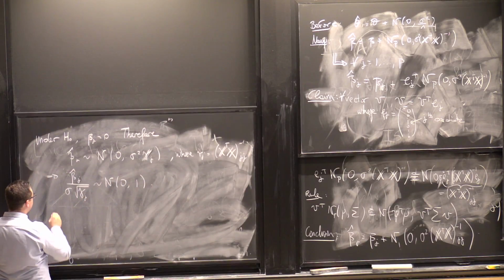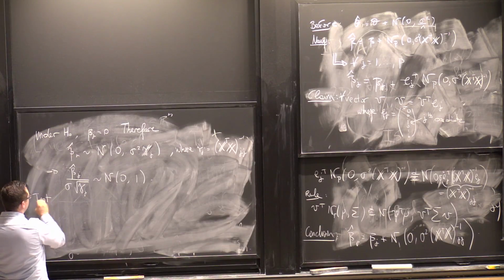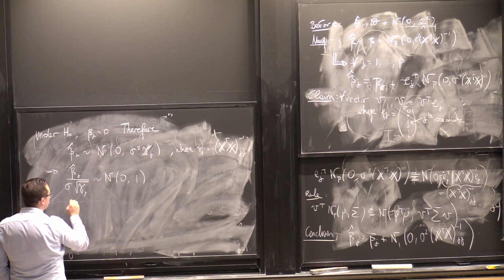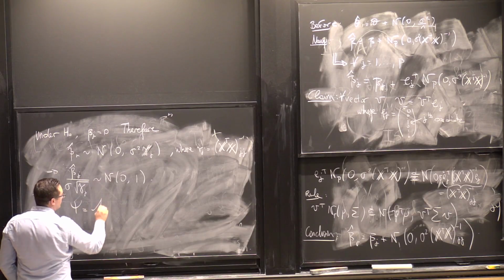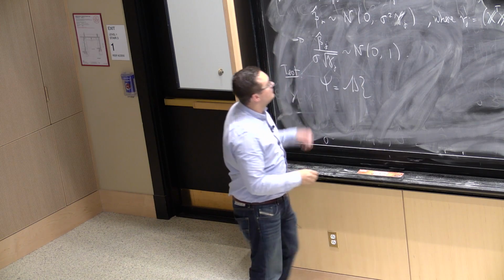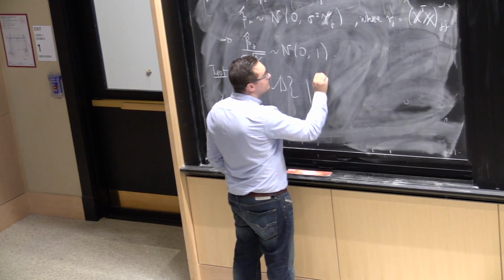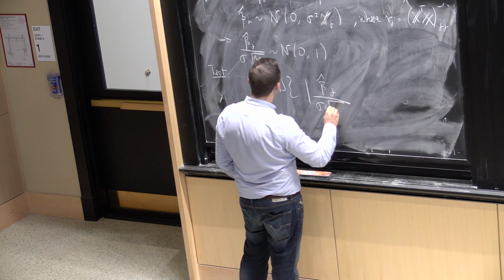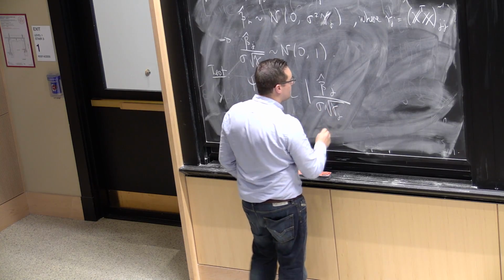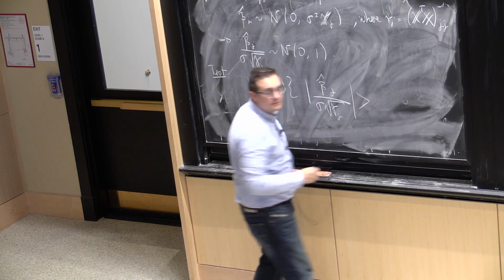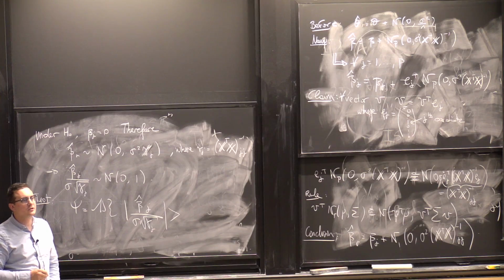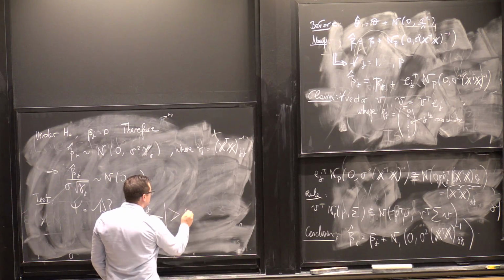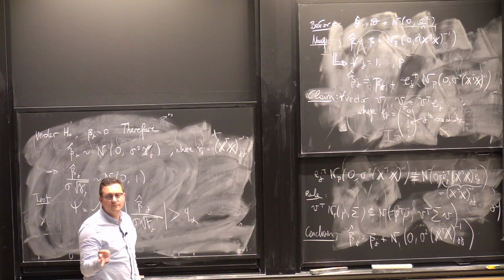So I can form my test statistic, which is to reject if the absolute value of beta hat j divided by sigma square root gamma j is larger than what? Can somebody tell me what I want this to be larger than to reject? Q alpha. Everybody agrees? Of what?